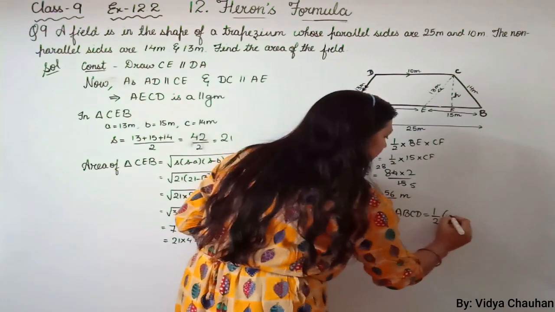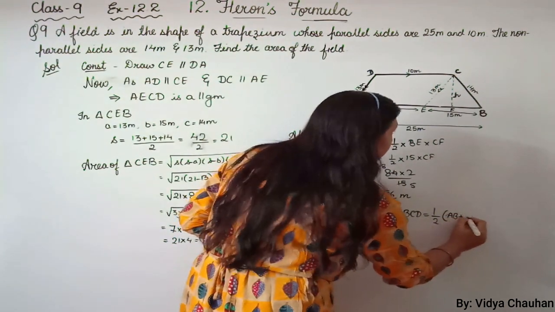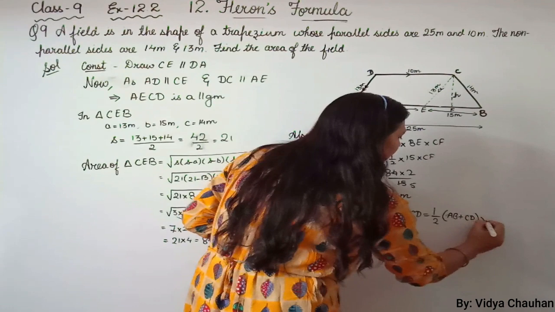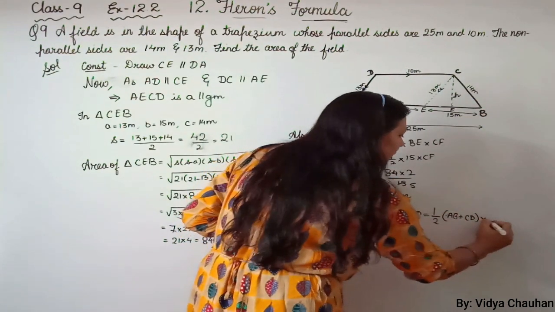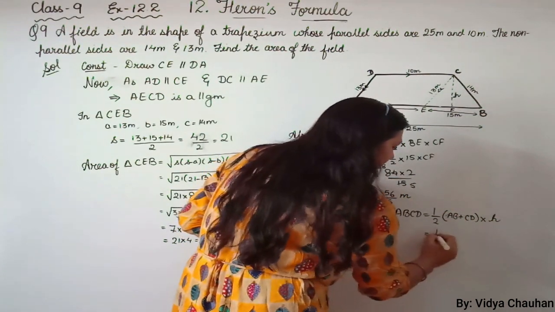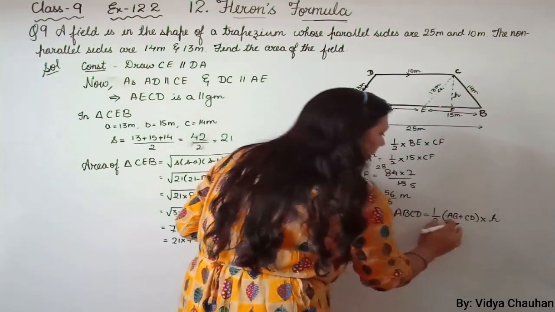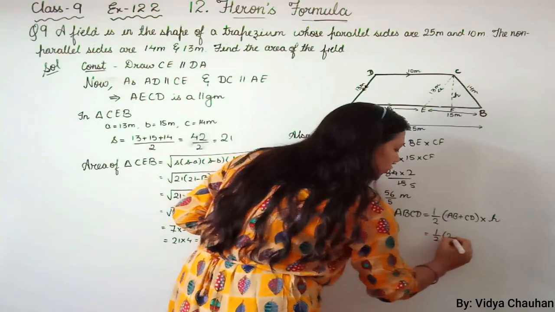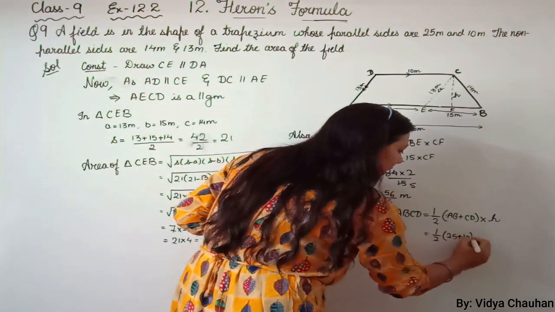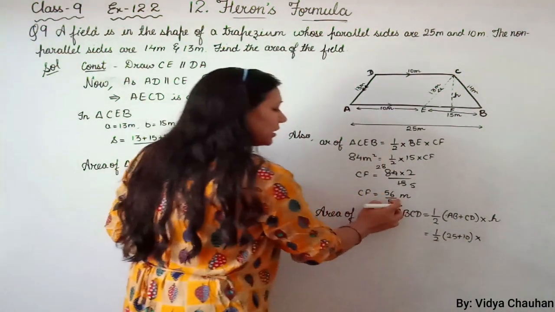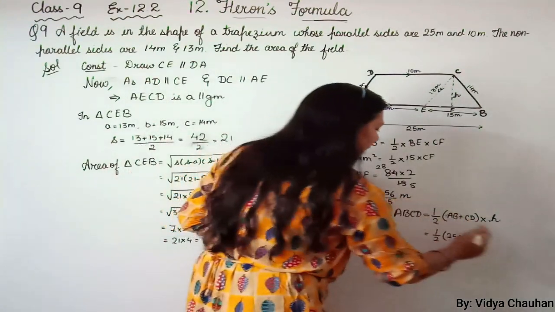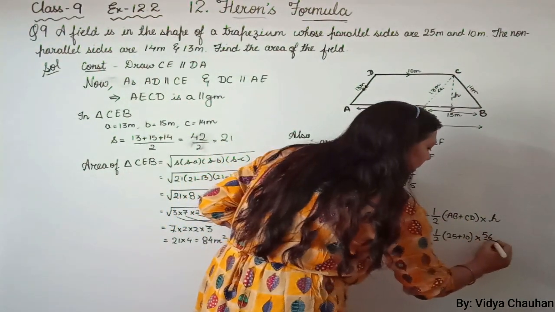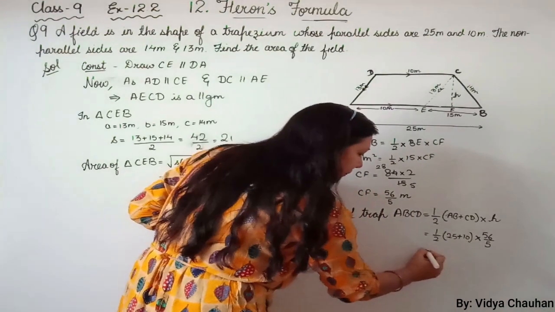The parallel sides are AB plus CD, multiplied by height. Put the value half in the bracket. AB is 25 and CD is 10, so it is 25 plus 10. And what is the value of height? According to our above result, the height is 56 upon 5.